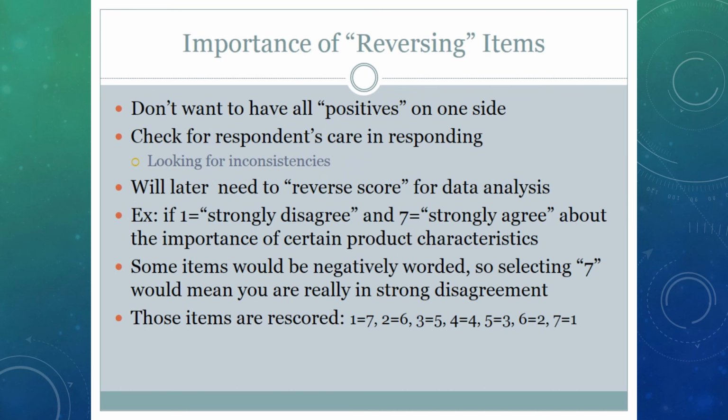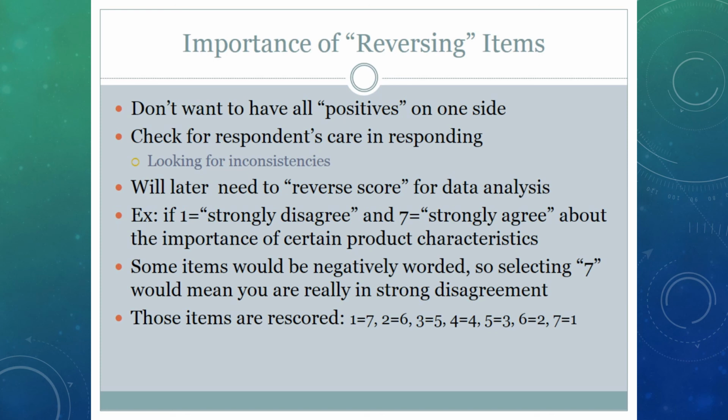One thing we have to make sure of in either doing Likert type agree-disagree items or these semantic differential scales is that we don't have everything worded the same way so that all the directions go in the same way.